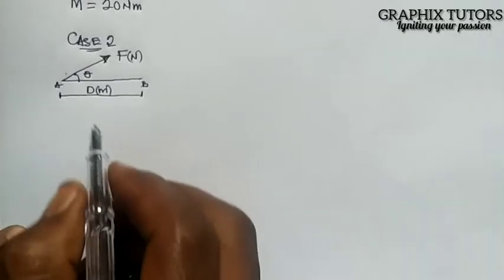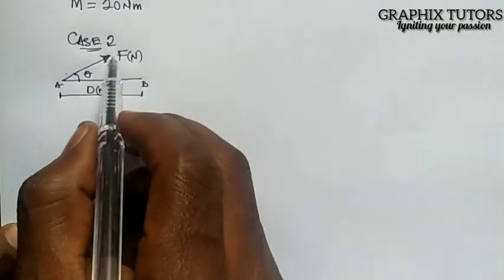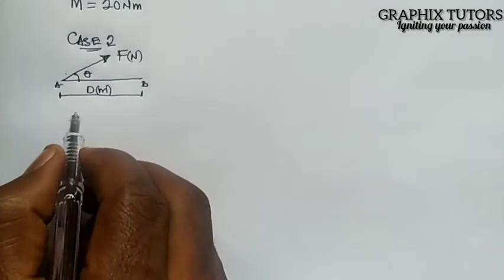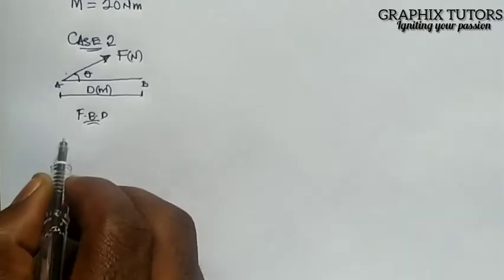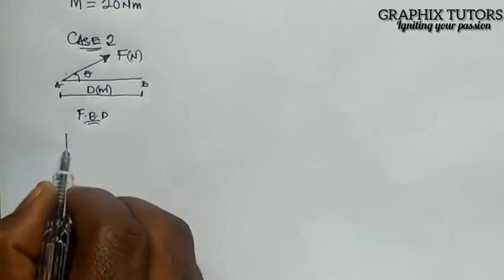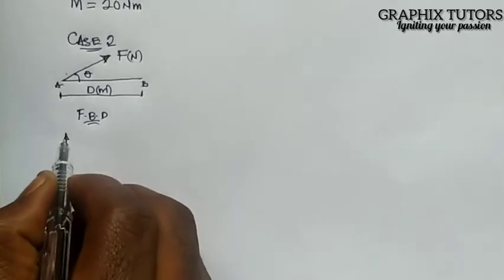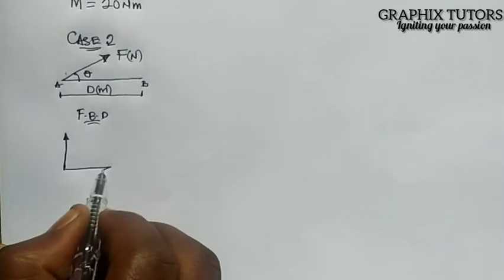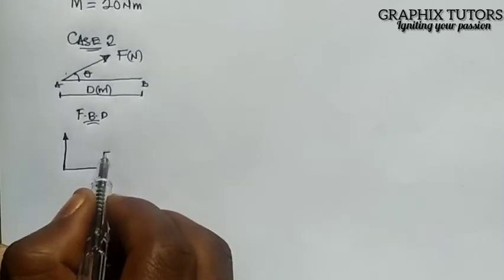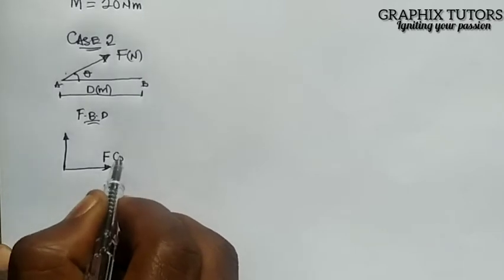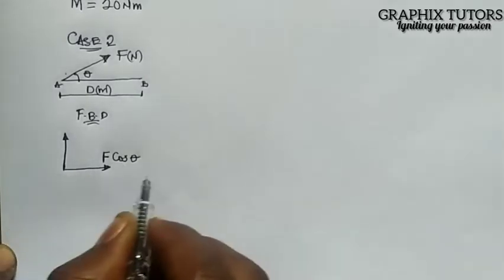Now, to calculate the moment here, first of all, we have to resolve this force. So to draw our free body diagram of this force, we'll have something like this: vertical component and horizontal component, right? The horizontal component will be F cos theta.